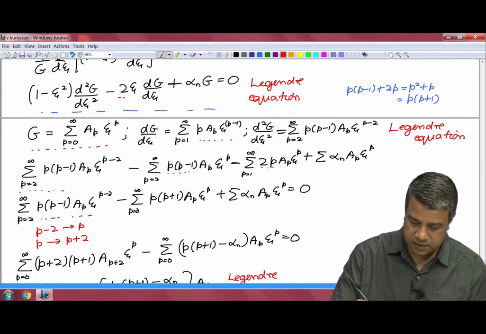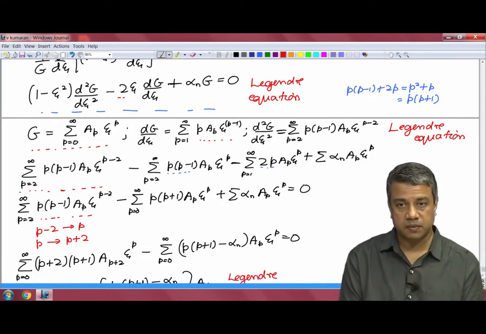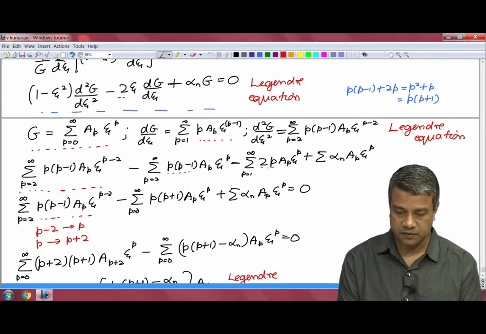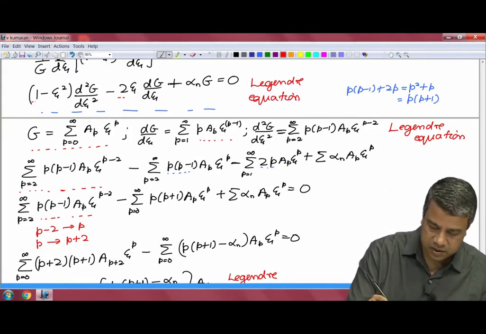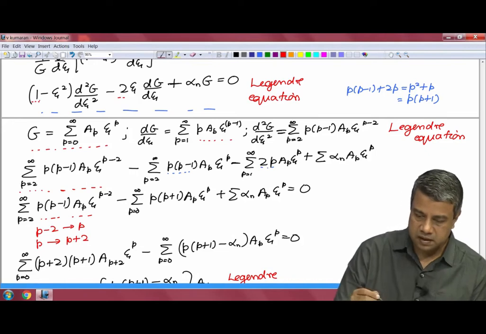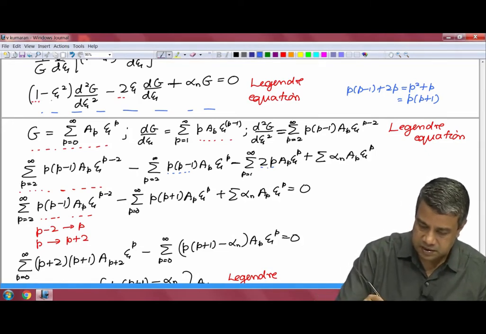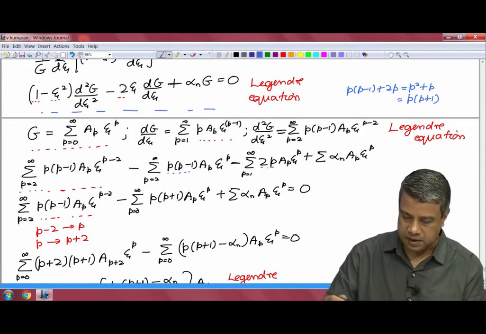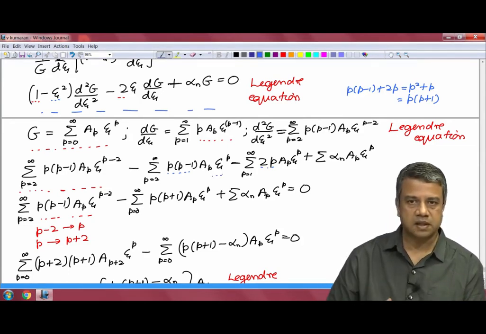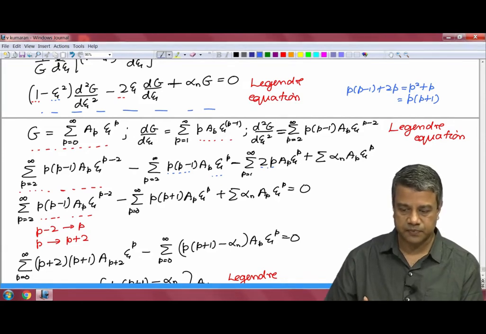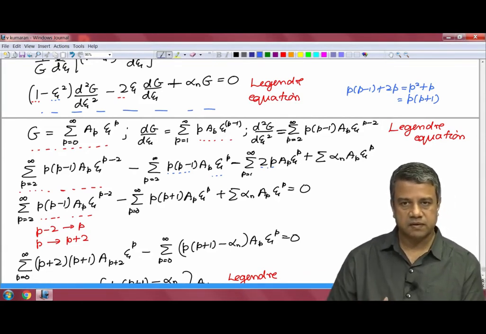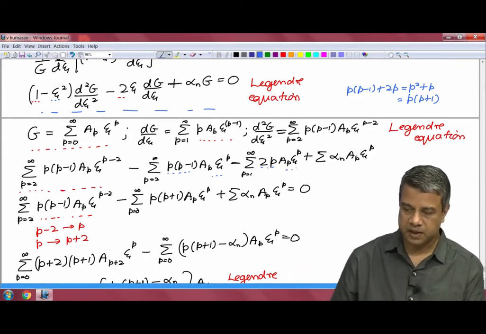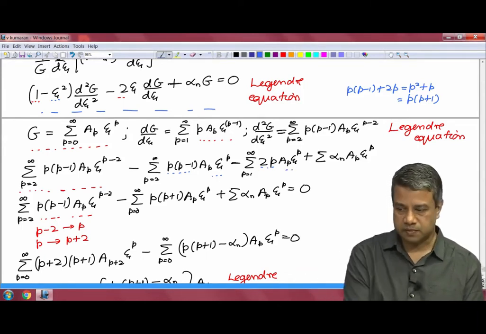The first term is proportional to psi power p minus 2 because there are two derivatives on psi in the first term here. The first term is 1 times the second derivative. The second term is psi square times the second derivative, and this is proportional to psi power p, because it is psi power p minus 2 times psi square. The first derivative has psi multiplying it, so therefore it is also proportional to psi power p, and the last term is proportional to psi power p as well.